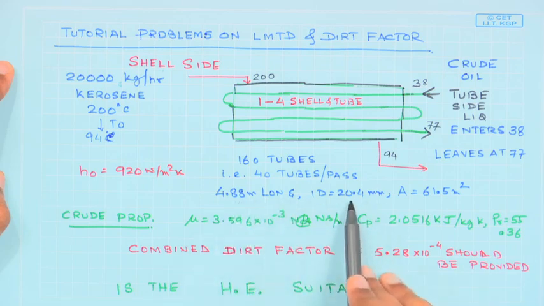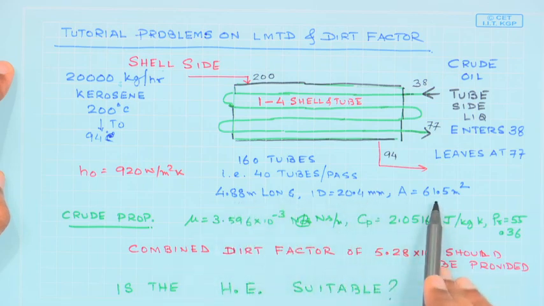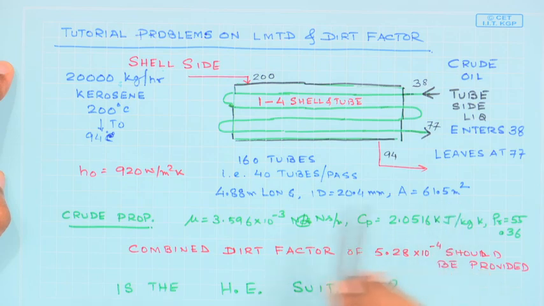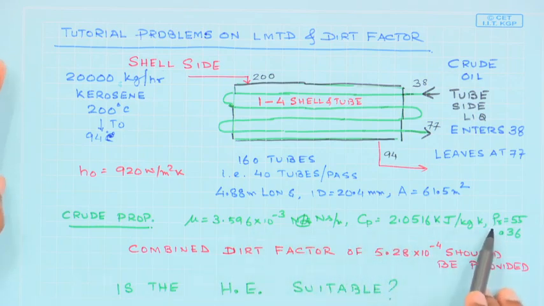The internal diameter is provided, and the total heat transfer area of these tubes is given as 61.5 meters square. The properties of crude oil, which provide the viscosity, the specific heat, and the Prandtl number, are given.